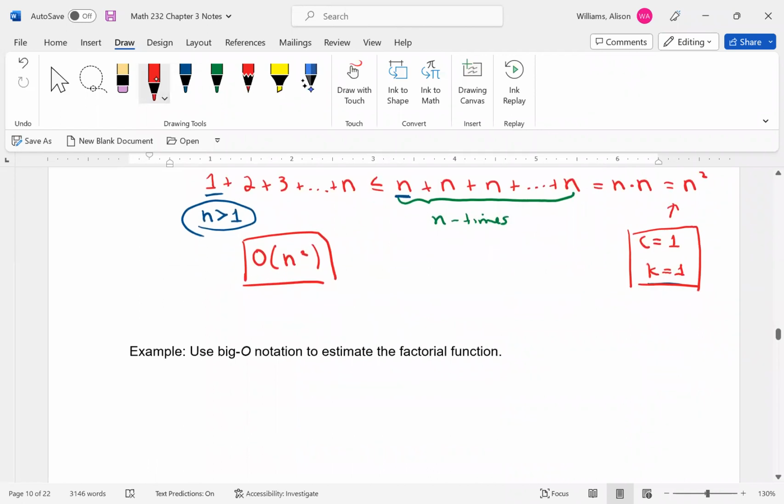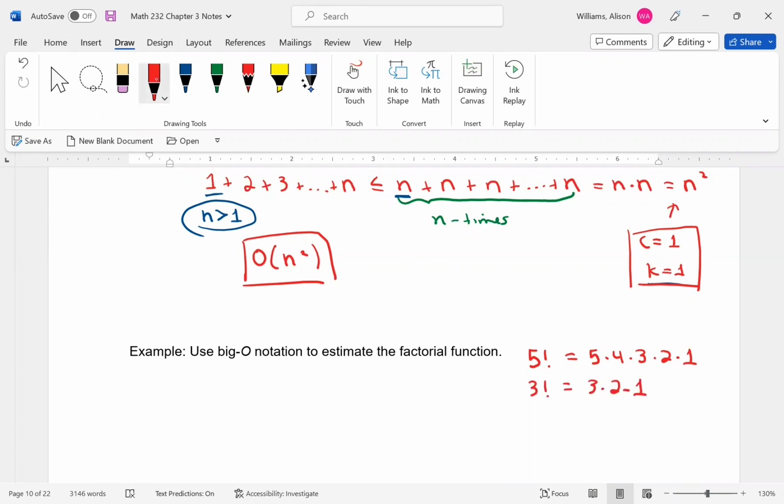So let's try another one. Factorials. I don't remember if we've talked about factorials, but if you haven't, let's review it really quick. A factorial is when you put the exclamation mark and then you multiply each term from that number down. So 5 factorial is 5 times 4 times 3 times 2 times 1. 3 factorial is 3 times 2 times 1. All right.